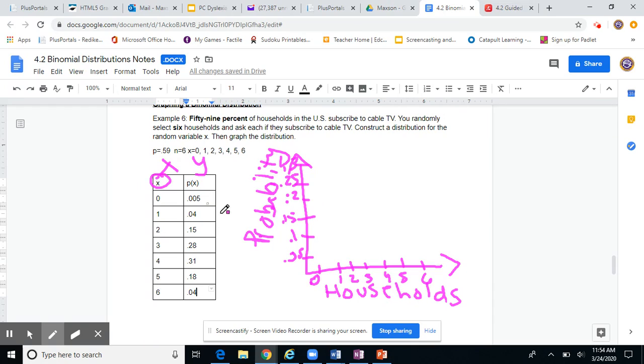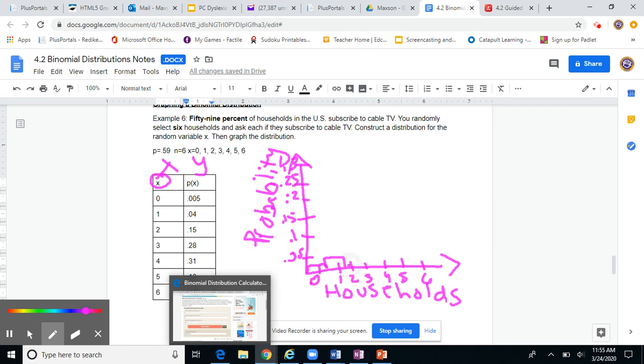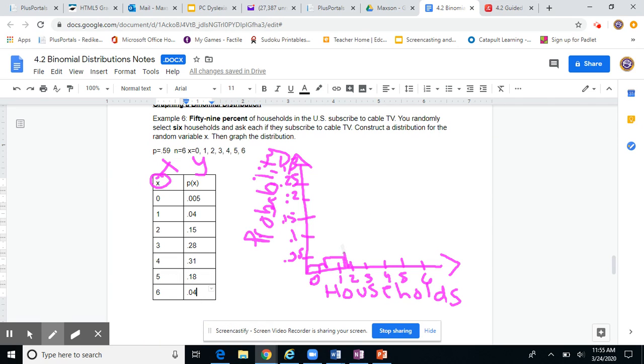So for 0, that goes with 0.005. That's going to be a little tiny one down here. For 1, it is 0.04, a little bit higher up. For 2, it is 0.15. For 3, it is 0.28.